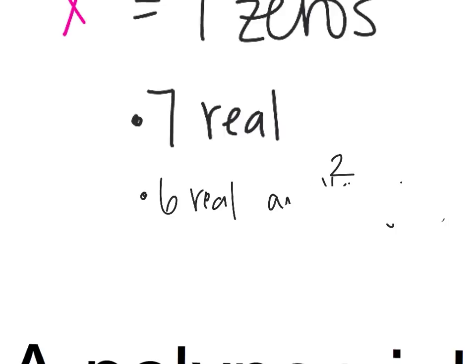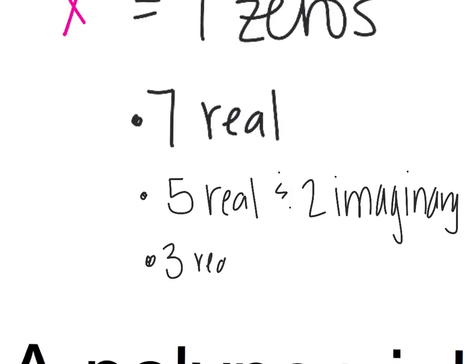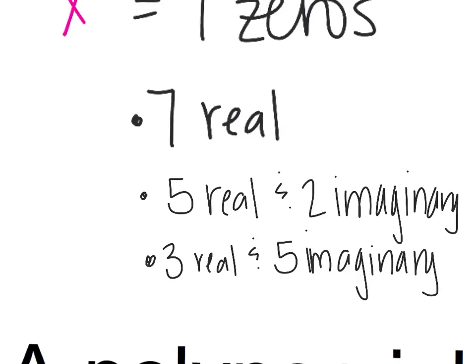So my next possible combination is 5 real and 2 imaginary zeros. Or I could have 3 real and 4 imaginary. Or I could have 1 real, and then I would have 6 imaginary. Sorry, there's a typo. That should be 4. That makes way more sense.